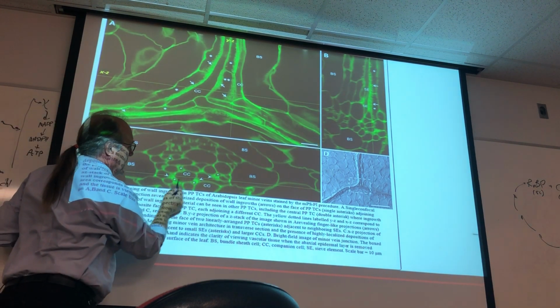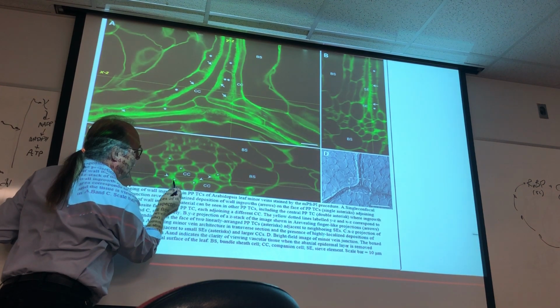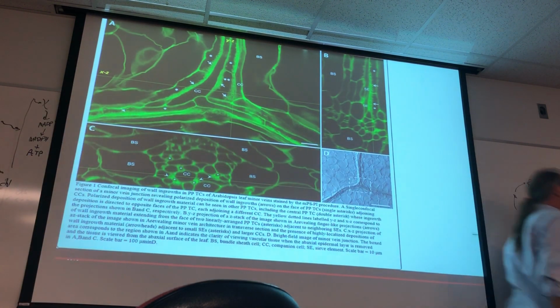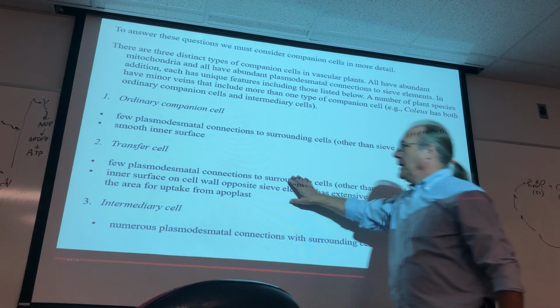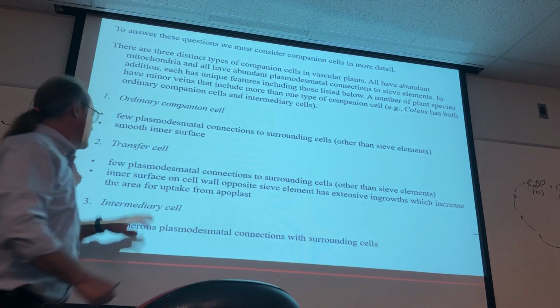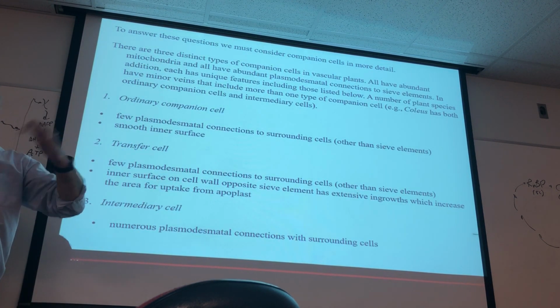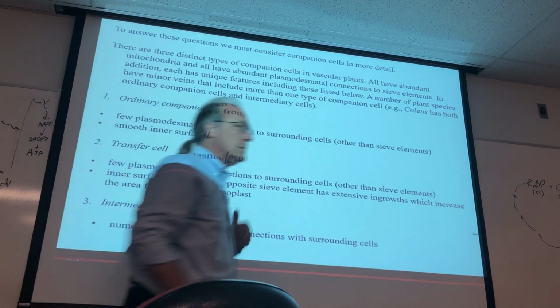Here's a companion cell, here are sieve elements with a lot of these wall ingrowths right next to them. So this is the type of companion cell that has few plasmodesmatal connections to other cells, but the inner surface of the cell wall opposite the sieve element has a lot of these ingrowths that increase the communication with the apoplasm.